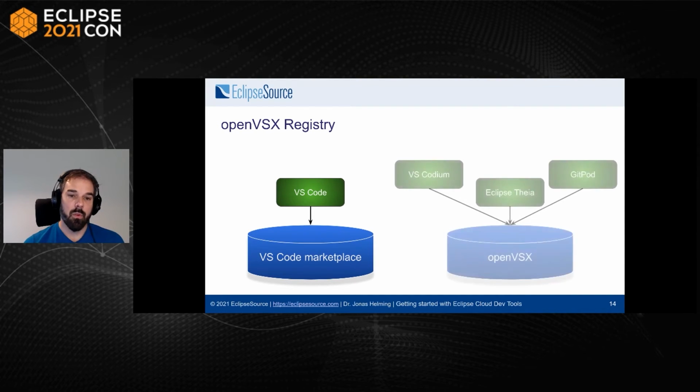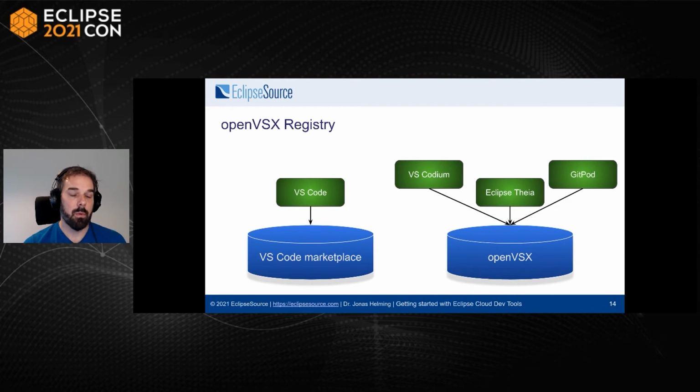Now, to circumvent this, the community has developed the openVSX registry. This was kicked off by TypeFox and then later contributed and handed over to the Eclipse Foundation, which hosts openVSX now. So it's essentially fulfilling the same feature set as the VS Code marketplace, hosting VS Code extensions, but you can connect to it from any kind of tool.